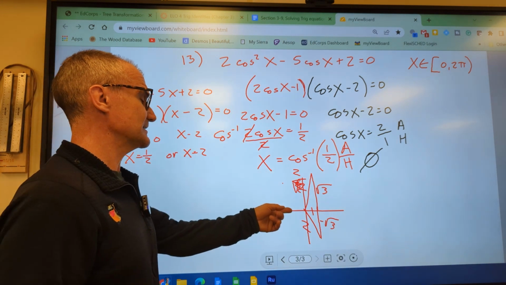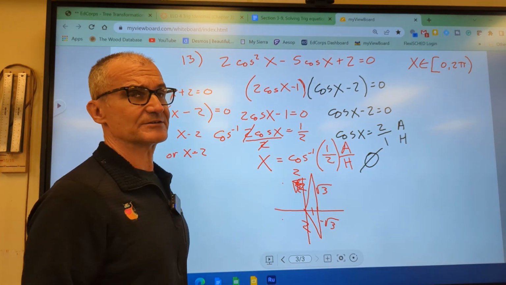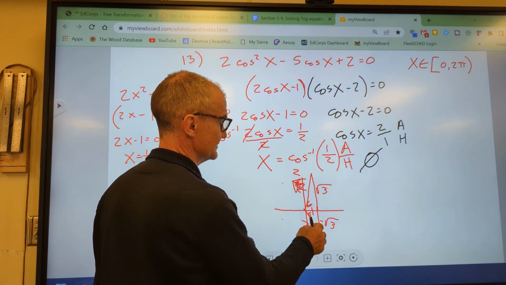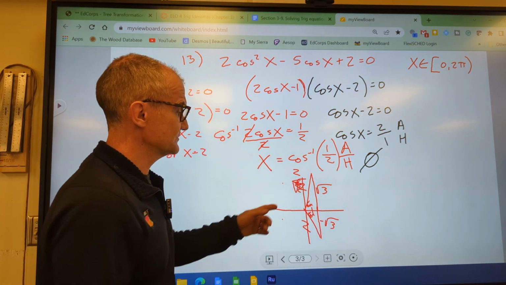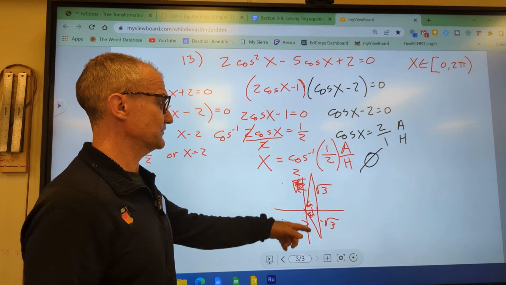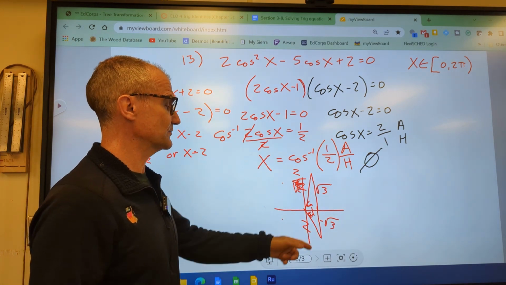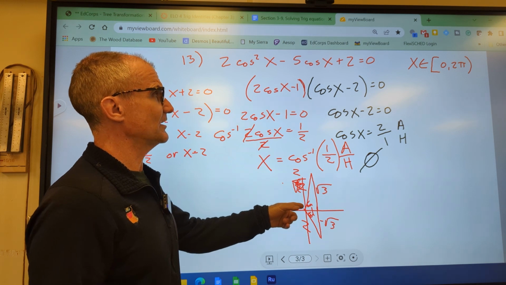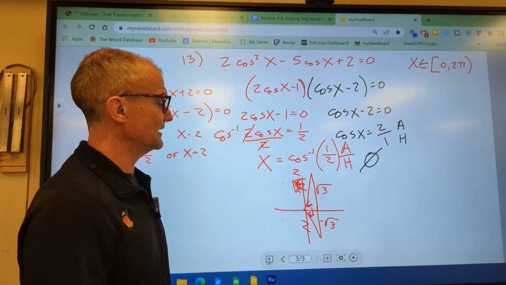I recognize that as one of the exact value triangles I know. This right here is a 60-degree angle, a 60-degree reference angle. And those are my two reference triangles, a first quadrant reference triangle and a fourth quadrant one of 60 degrees. Now I want all values between 0 and 2 pi.